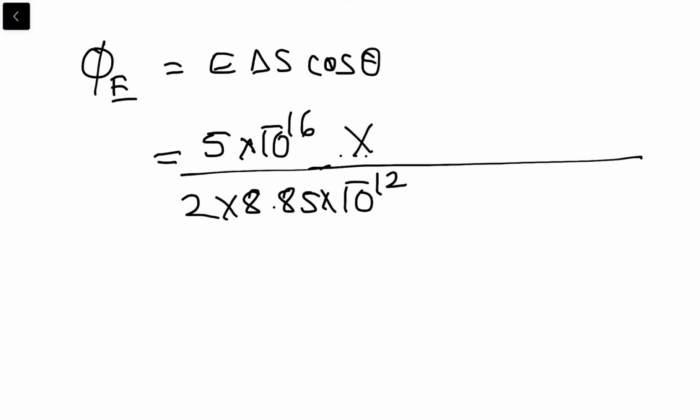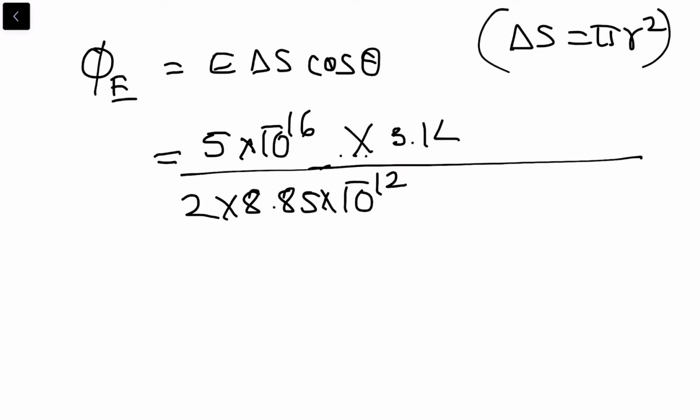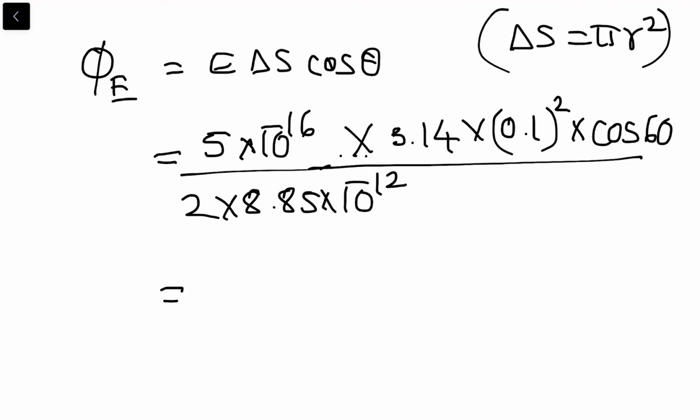It is a circular area, that means pi r square. Delta S is equal to pi r square, because it is circular. Pi means 3.14, and r they have given in the problem as 0.1 meter, squared, into cos theta, that is cos 60. I am not simplifying here because it will take a long time on YouTube, so to reduce the time I am directly writing the value, 4.44 into 10 to the power of minus 7, because it is flux.